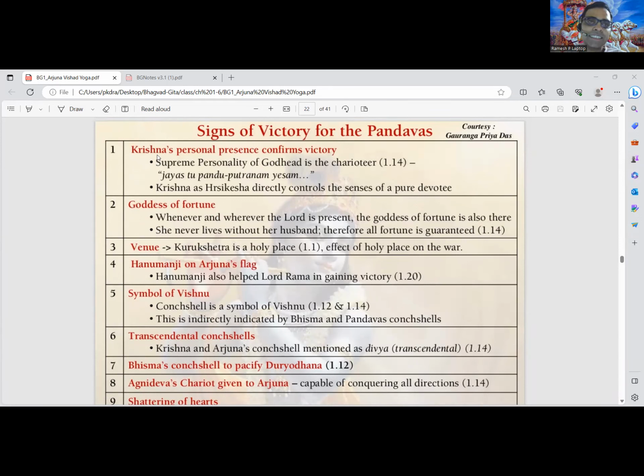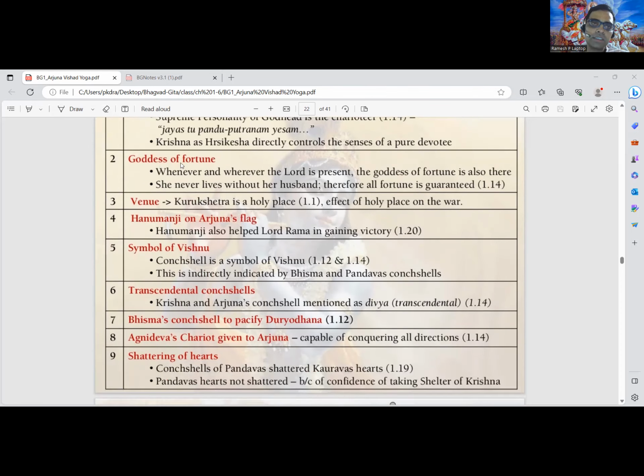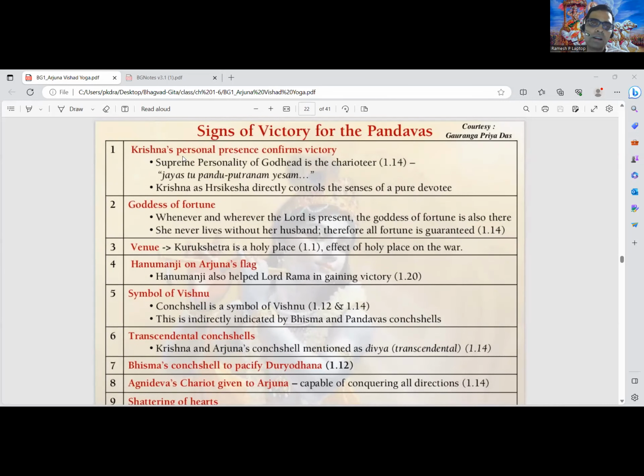So the first thing is, when there is Krishna, there is victory for sure. And the goddess of fortune follows him, so we can't separate them.